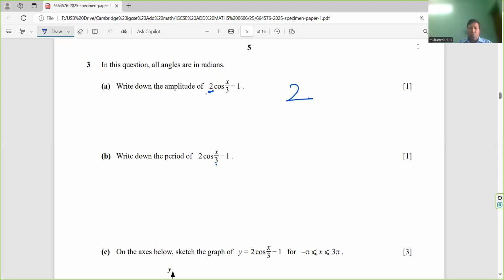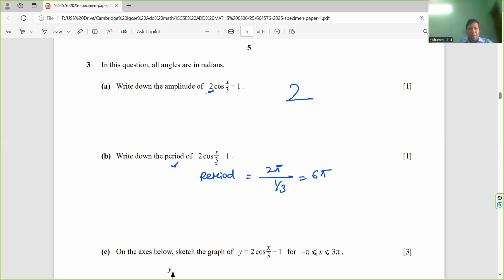So this 1 by 3 affects the period of this function. So the period equals 2 pi by 1 by 3, so it will be 6 pi. The period of 2 cos(x/3) minus 1 is 6 pi.